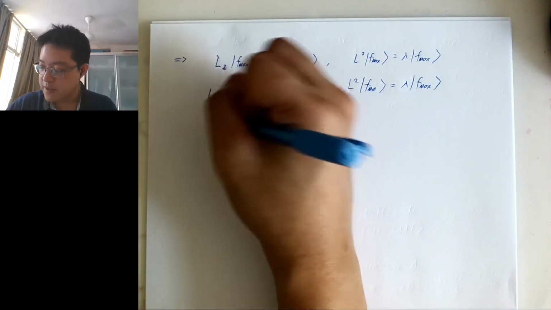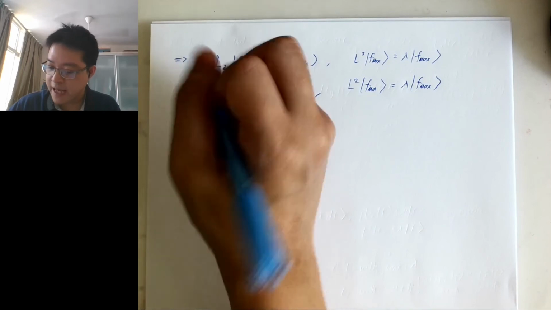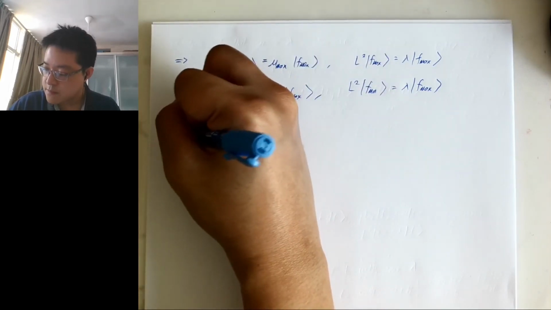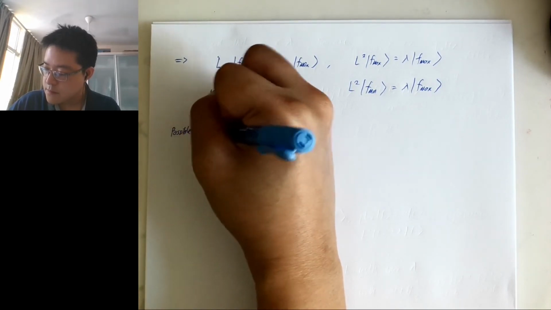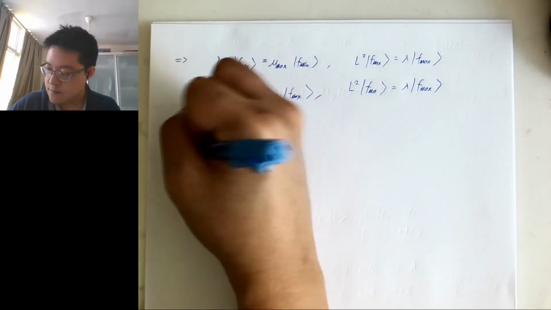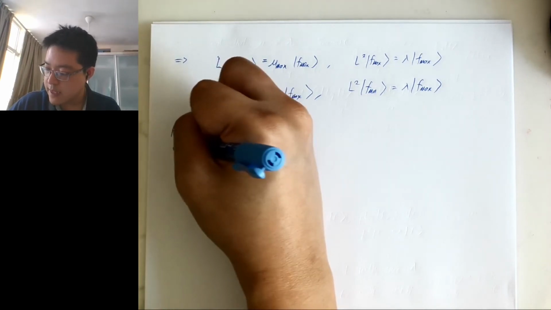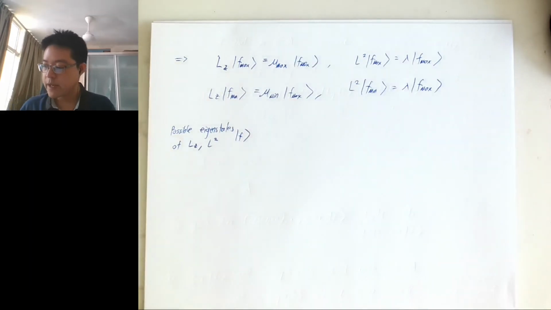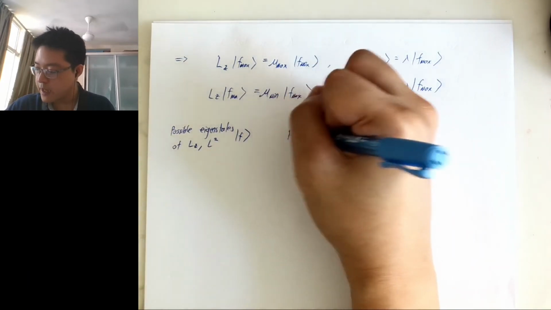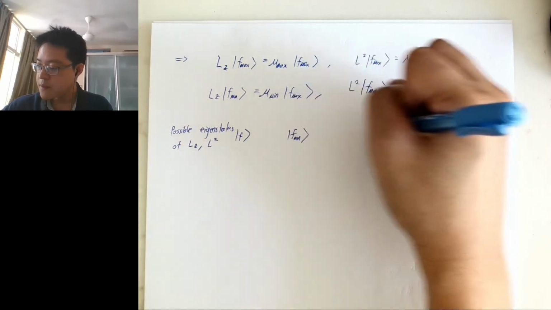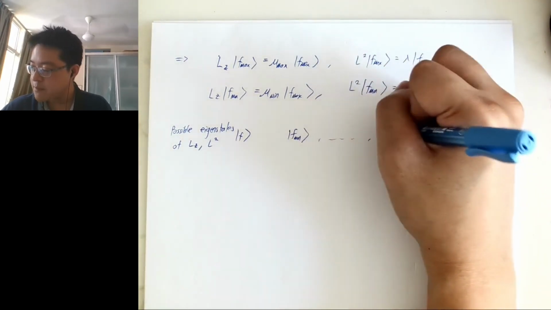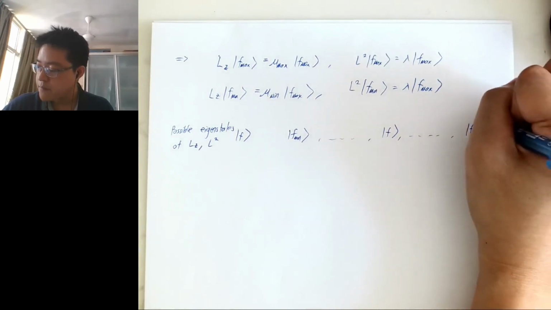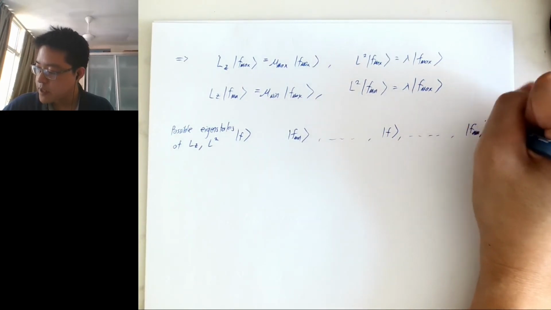And of course, from what we have here, we got the possible eigenstates of LZ and L squared, which we label as F. Okay, let's start with F minimum, and then some arbitrary ones, and then F minimum, F maximum over here.